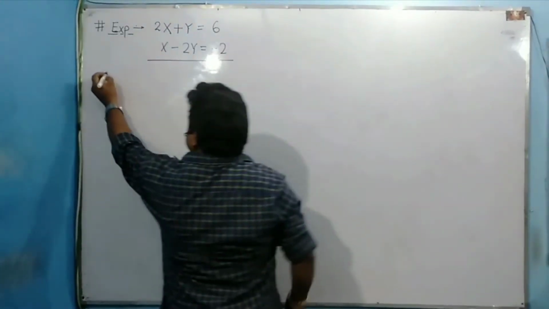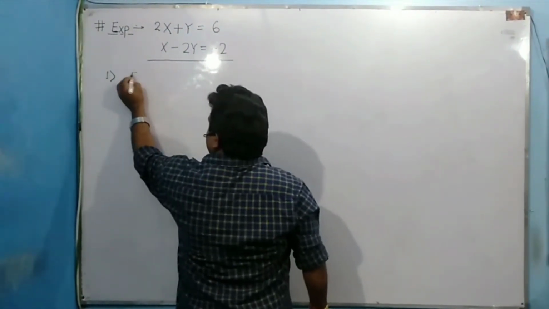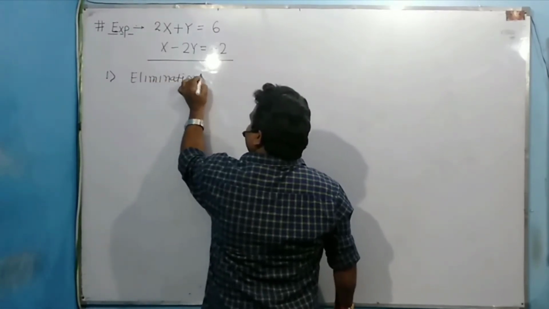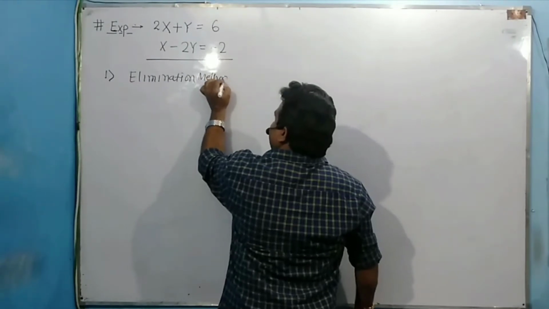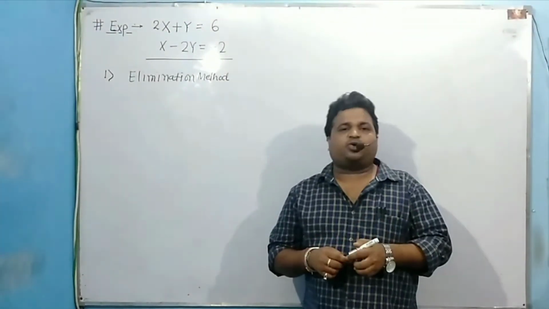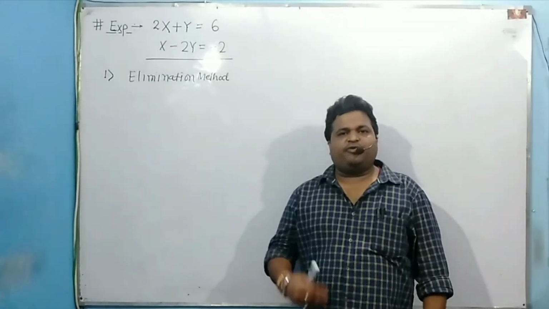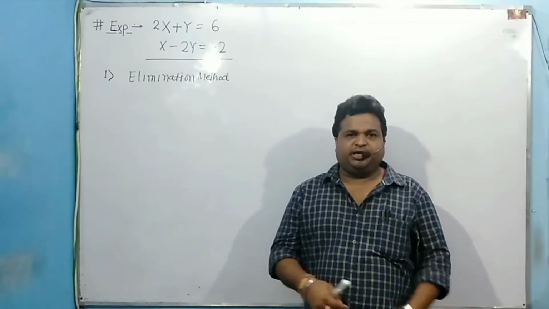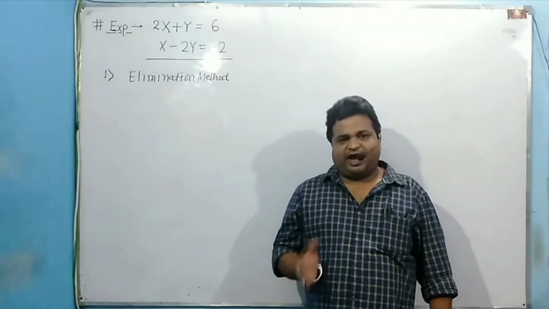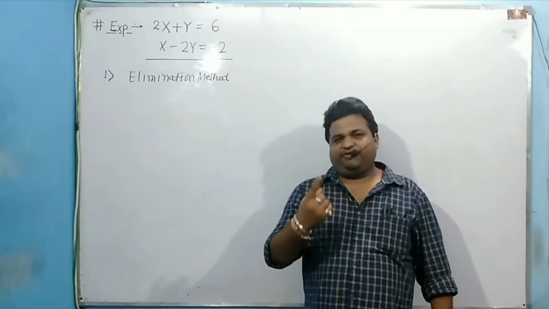Now the first method is what? Elimination method. Now what is the elimination method? In the elimination method, first I equate the coefficient of the x variable or y variable in both equations and then eliminate that particular variable from the equation and find out one variable value.